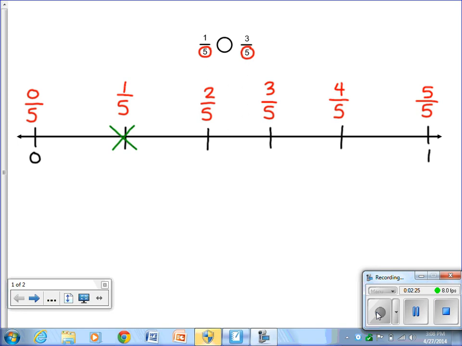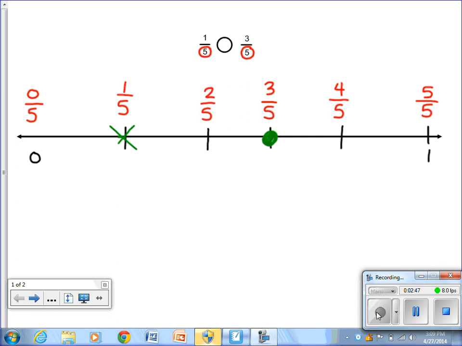Now if I want to plot each of those fractions, I could say this x would be 1/5, and maybe this dot would be 3/5, so that you can see the difference between the two. Now if I look at these, I'm talking about the distance from 0. So if I go from 0 to my 1/5, it's that much space.